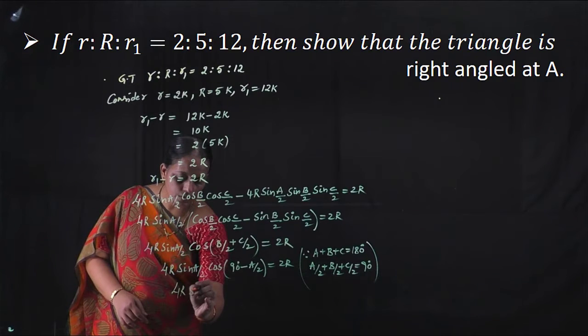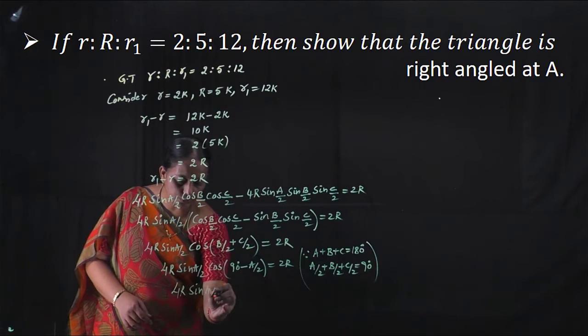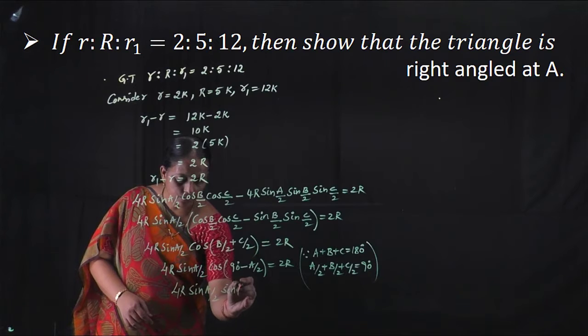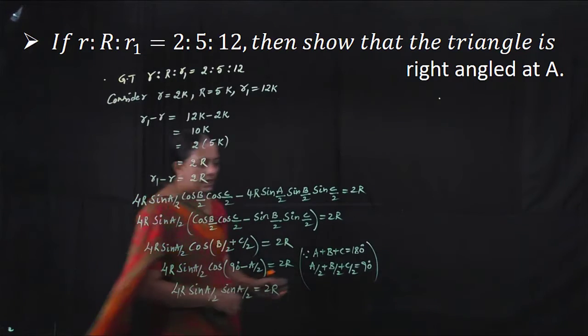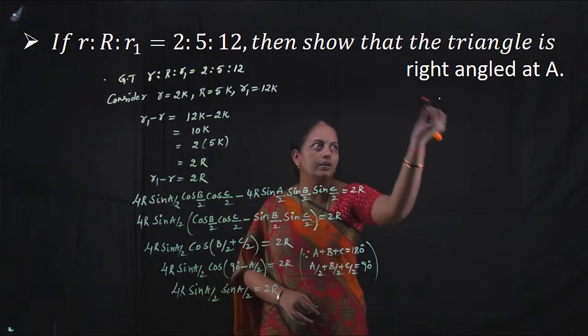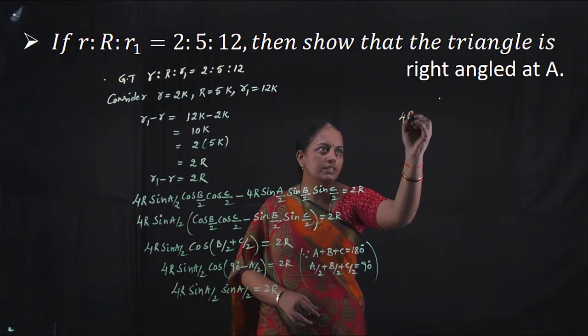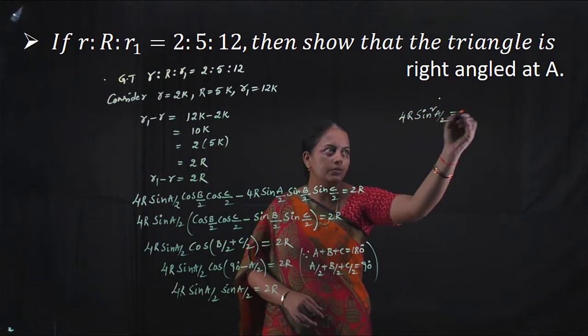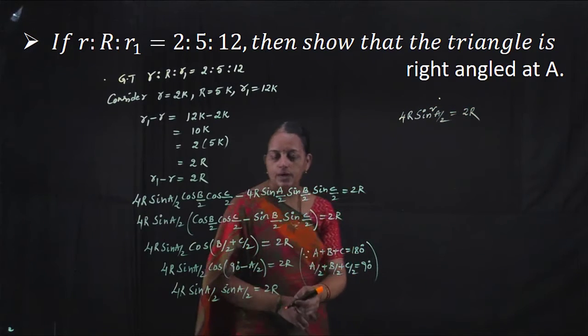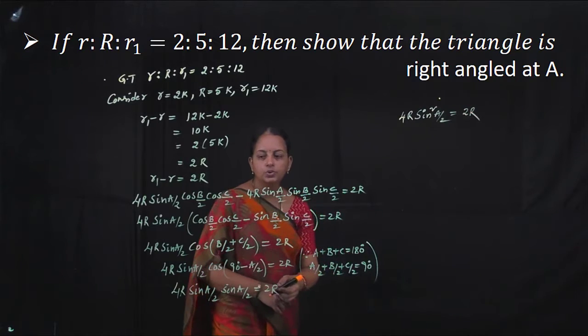Therefore, 4R sin A by 2 into sin A by 2 is equal to 2R. From this we can write 4R sin square A by 2 is equal to 2R.